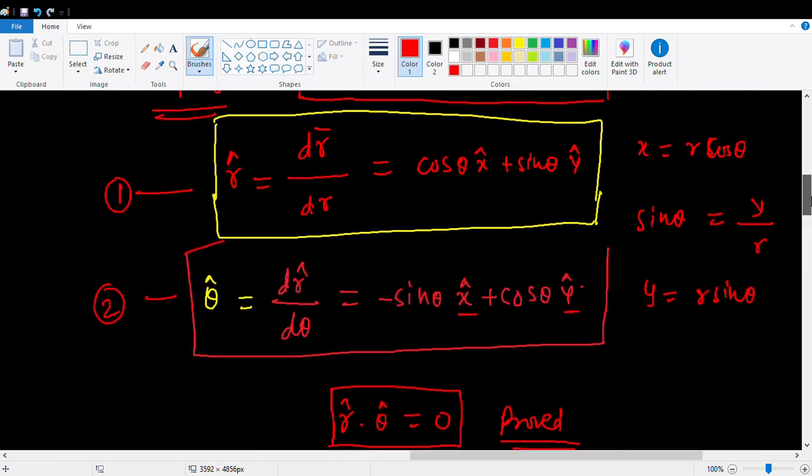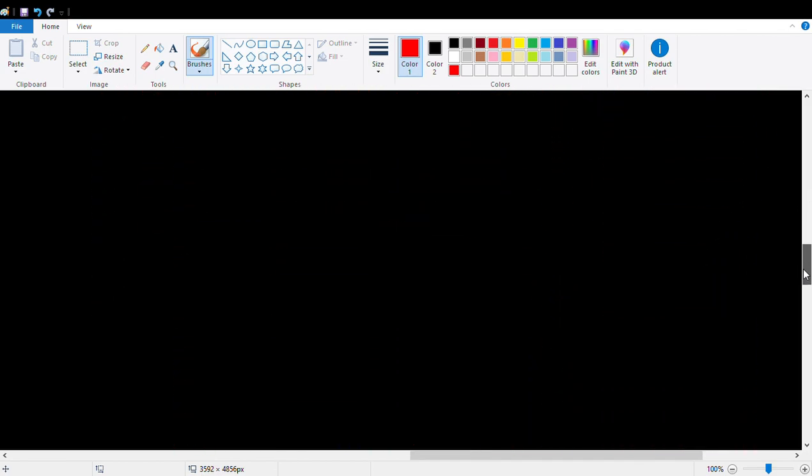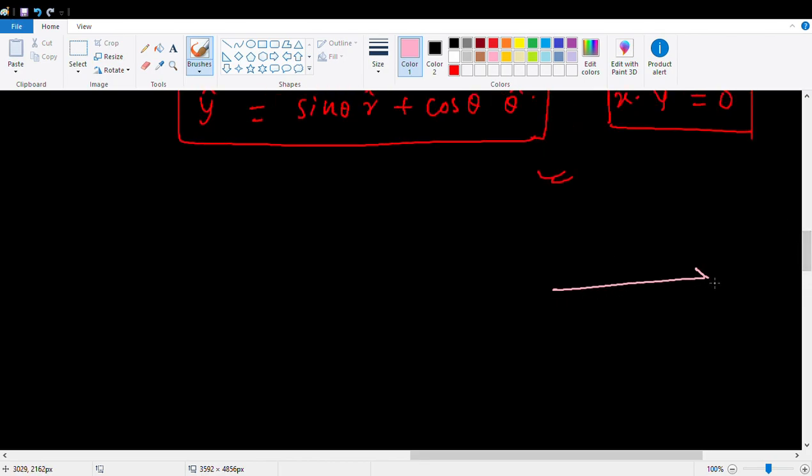Okay, so we have derived easily what my r hat and theta hat are, and what my r vector is in terms of the radius and these components. Now proceeding with this, one more thing, I'm going to describe a very crucial step. Suppose you have some kind of vector here. Suppose you fix the length of this vector.